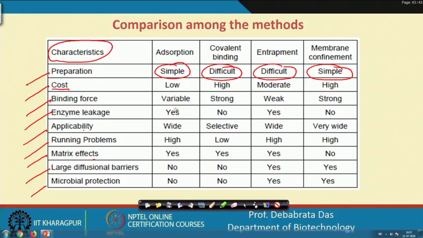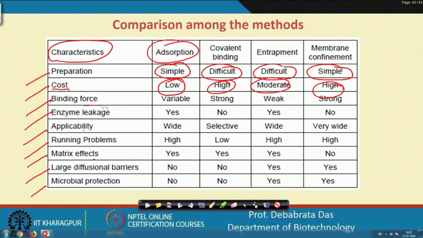Now, in the cost, if we consider this, adsorption is low cost, covalent binding is high cost, entrapment is moderate cost, and membrane confinement is high cost. So, if we want to have low cost, then obviously our choice will be adsorption.